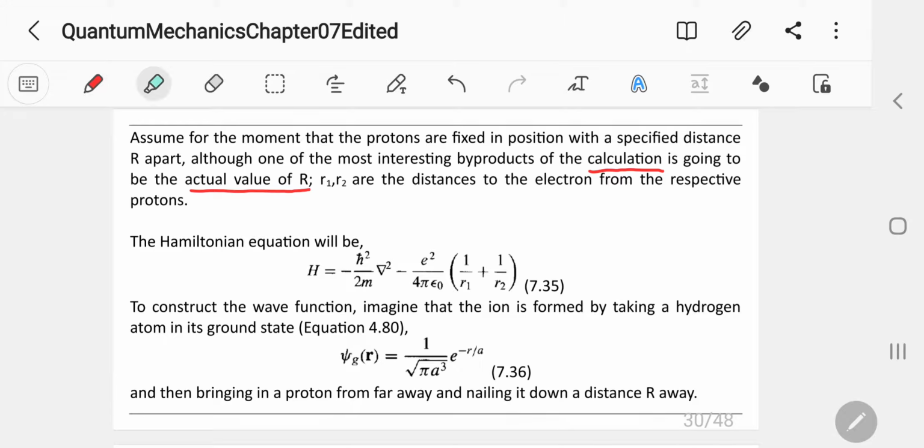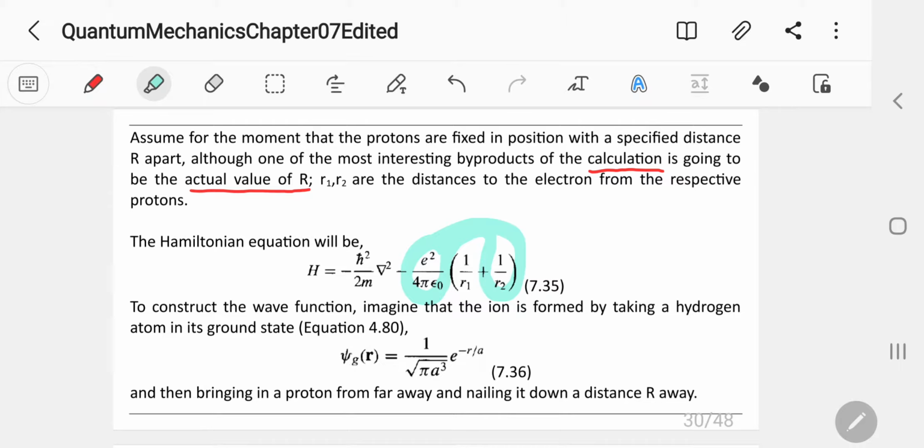The Hamiltonian of the system would be this: this is the kinetic energy of the electron, and this one is the interaction of the electron with the first proton and the interaction of the electron with the second proton. So again, I'd like to repeat that. This is the interaction between the electron and the first proton, and this is the interaction of the electron and the second proton.